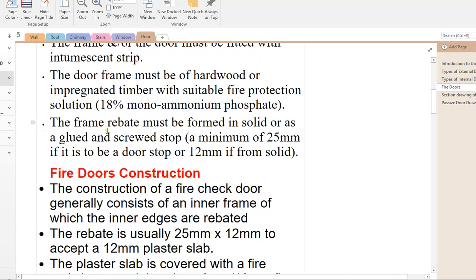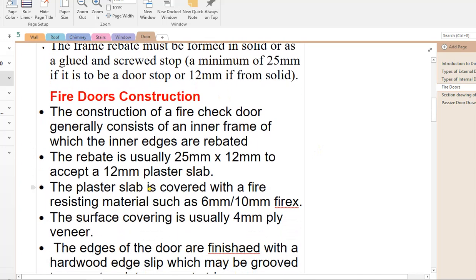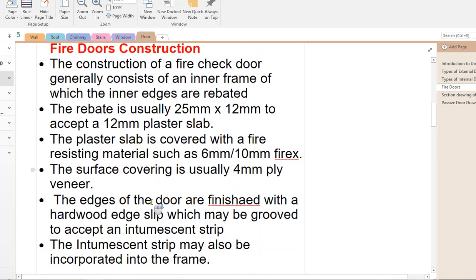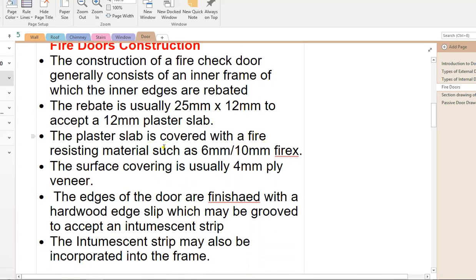Now the door frame must be rebated to form a solid or glued and screwed stop, minimum 25 mils. Okay, so we'll have a look at all these in photographs and diagrams. The construction of a fire door generally consists of the inner frame of two rebated edges, and we'll look at why they're rebated. A plasterboard slab is covered with a fire resisting material such as 6 to 10 mils of Firex.